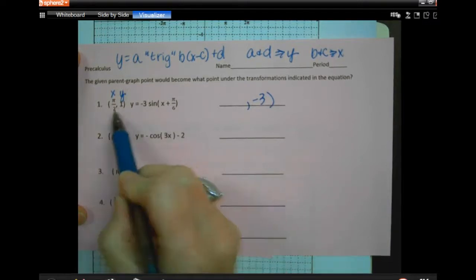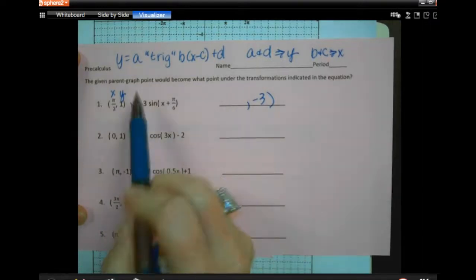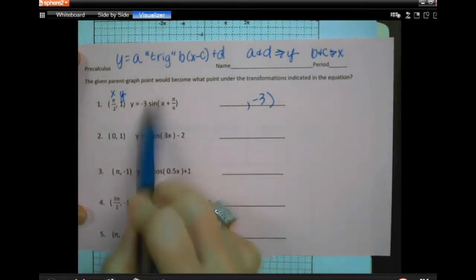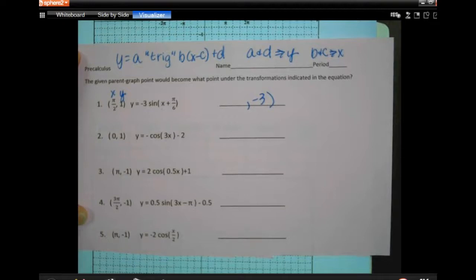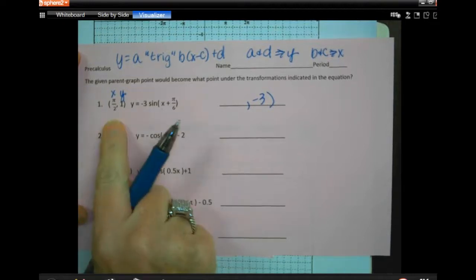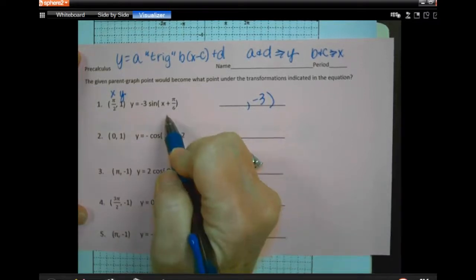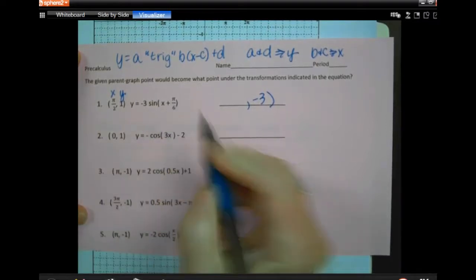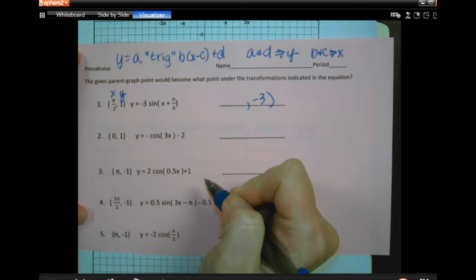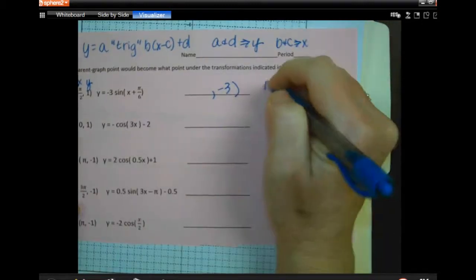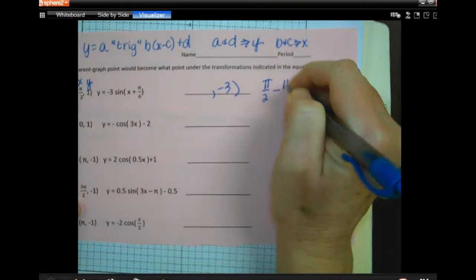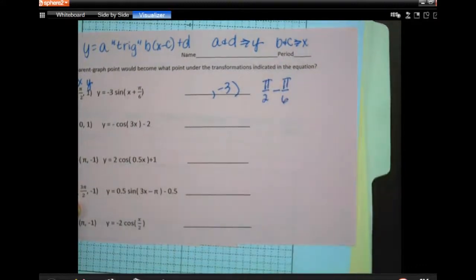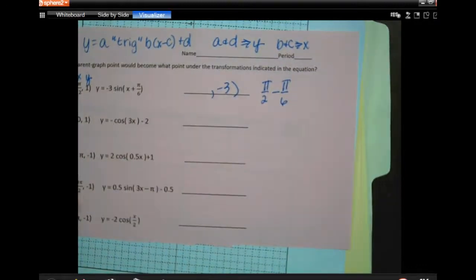So I want to know what the new point is. If I start there, and these are the transformations, I want to know what the new point is. So pi over 2, that's my X now. So what's the phase shift here? I have to take pi over 2 minus pi over 6. And this is where I'm not going to be nice, right? Because you got to get common denominators and subtract.